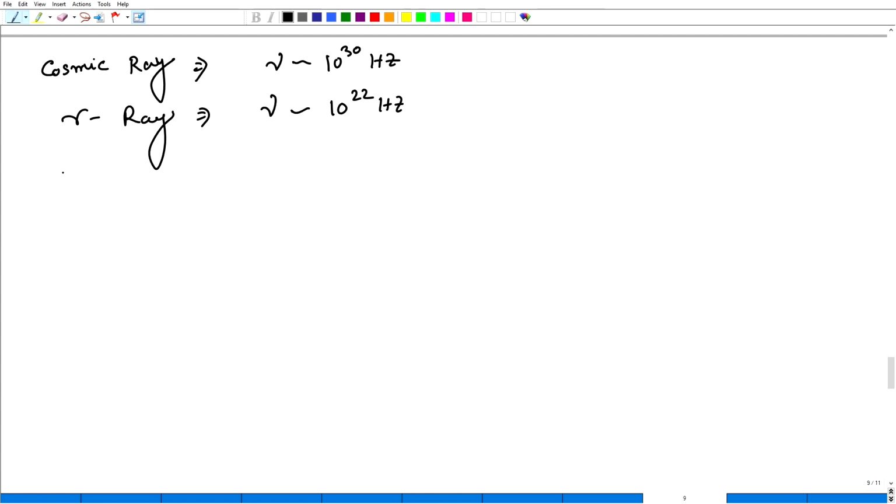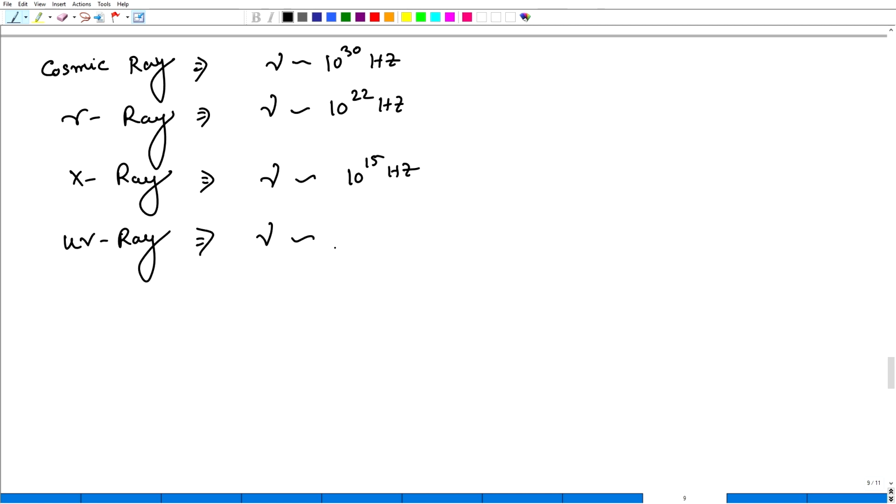So next is our X-ray. The frequency is around 10 to the power 17 hertz. Next is our ultraviolet UV ray. Okay, it's 10 to the power 15 hertz.